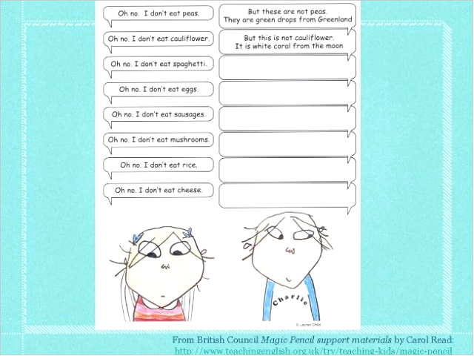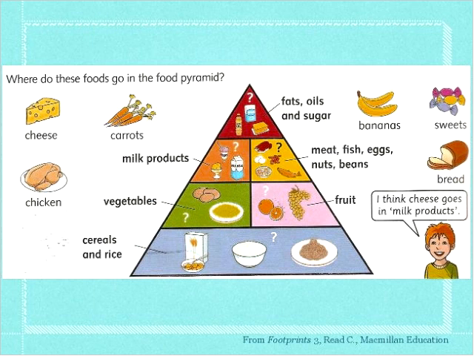But we're also going to use the story and use Lola's fussiness about different types of food as a springboard into learning about food, about nutrients in food, and for example about the food pyramid. Okay, the food pyramid and where different items of food actually go in the pyramid.